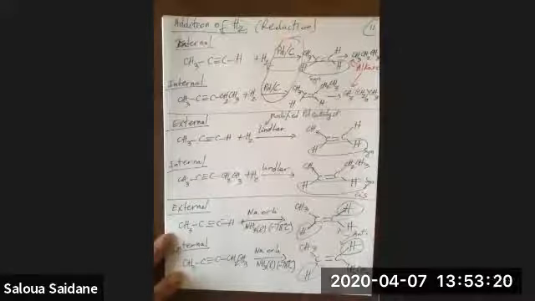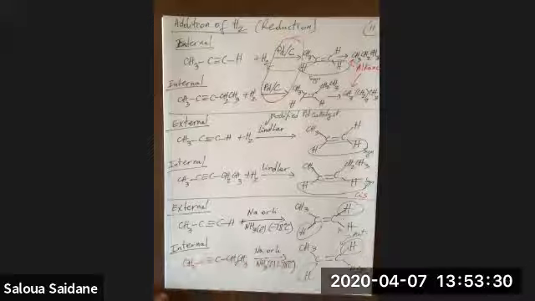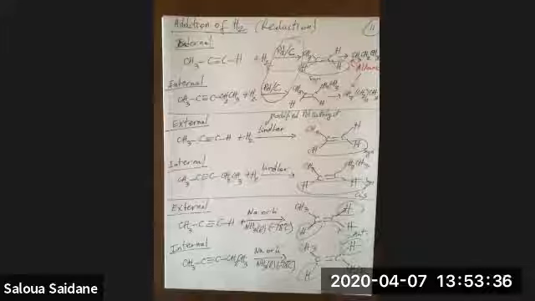So that covers all the reactions of alkynes in terms of additions, okay? So we covered all the additions on alkyne, and to summarize, we can add an HX, which is a Bronsted acid. We can add a halogen because the halogen can be both an acid and a base.